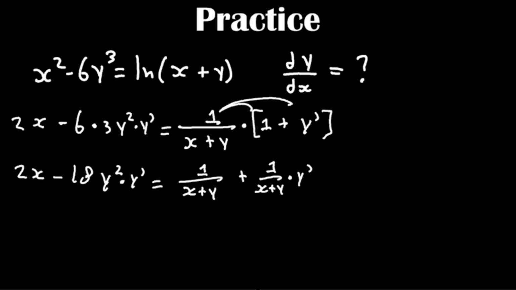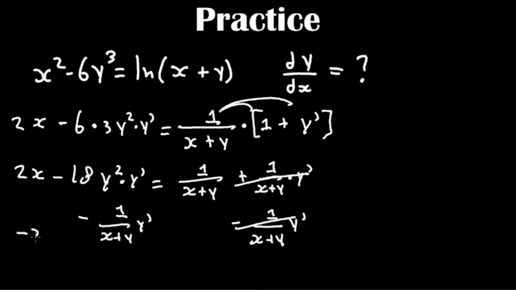Now let's subtract 1 over x plus y times y prime from both sides. Right now we're just consolidating all of our y primes. So these will cancel, and then let's subtract 2x from both sides to get rid of this 2x, so on the left we'll just have all of our y prime stuff.